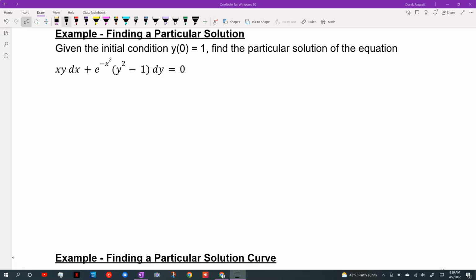Okay. First thing I'm going to do is take this to the other side. So you would have e to the negative x squared. Take it to the, oops, I forgot the dy there.